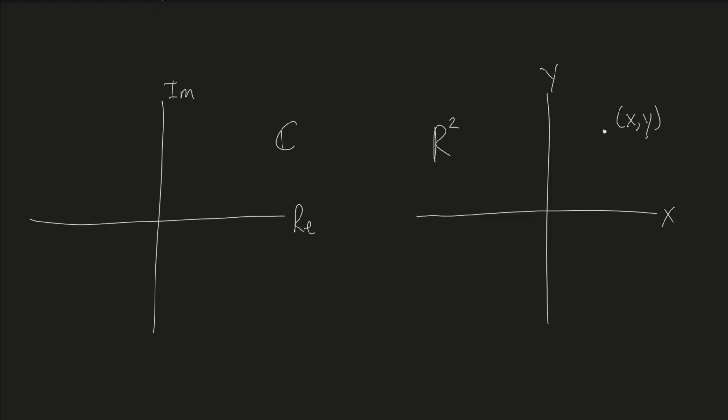And any complex number can be written as the sum of a real number and a purely imaginary number, right? So if I have a point in here, the complex number I call z, I can write this always as x plus iy. So x is the real part of z, and y is called the imaginary part of z. So y is a real number, but it's the real number that gets multiplied by i to form z.